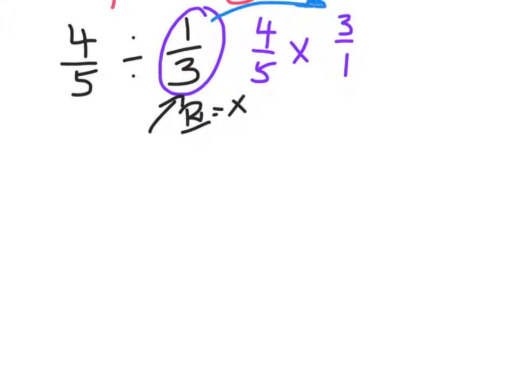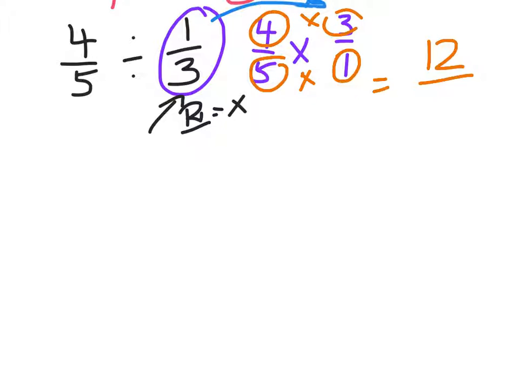So here we have 4 over 5 multiplied by 3 over 1. In our last class, we learned how to do multiplication. So here we go. It's just 4 times 3, which is 12, and 5 times 1, which is 5.